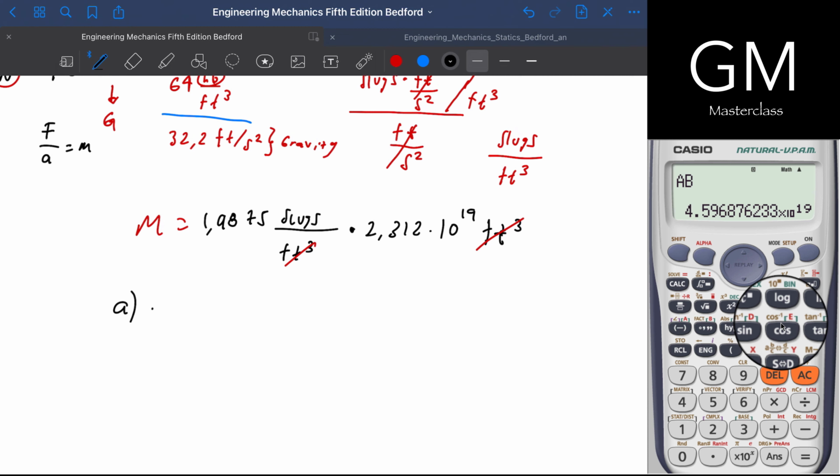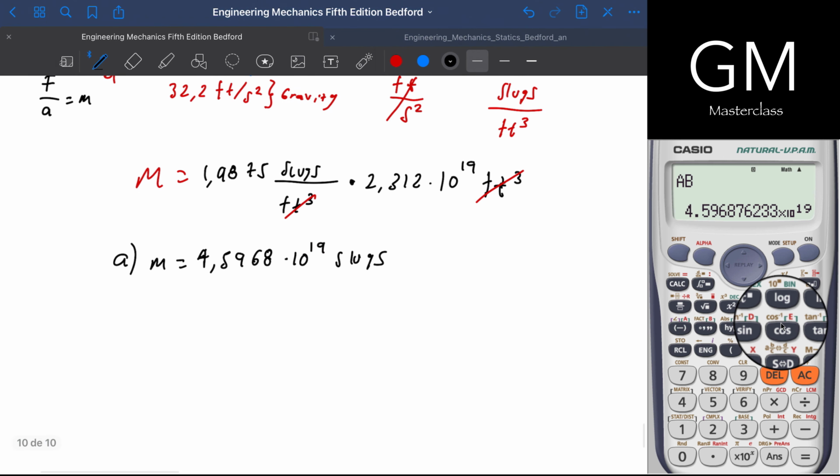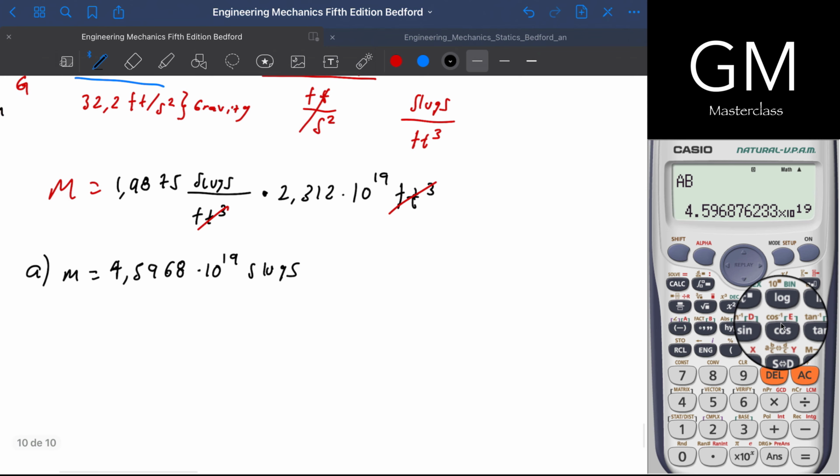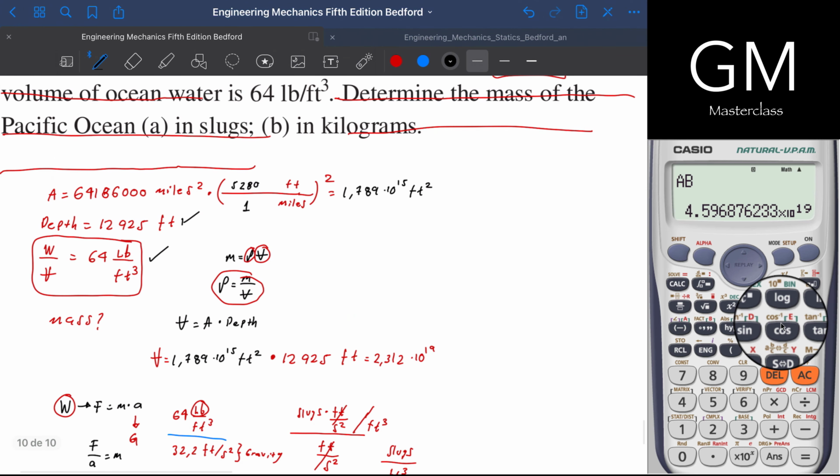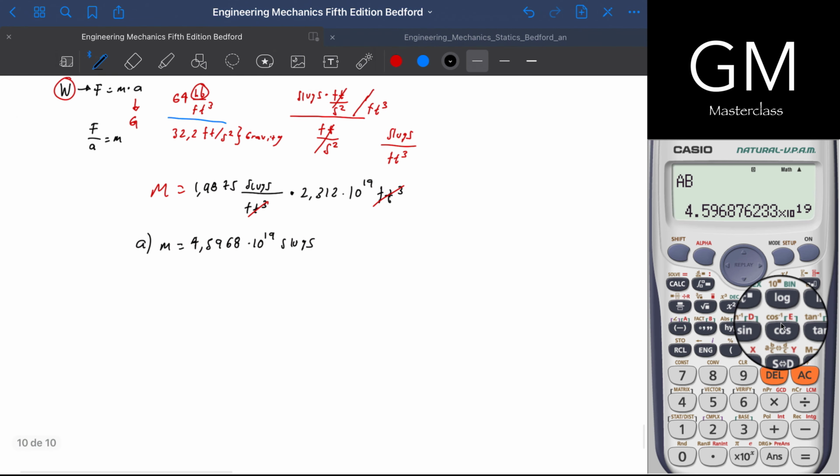A. Mass in the US customary base units is equal to 4.5968 times 10 to the 19 slugs. And now I gotta transform this value into kilograms for the B section of the exercise.